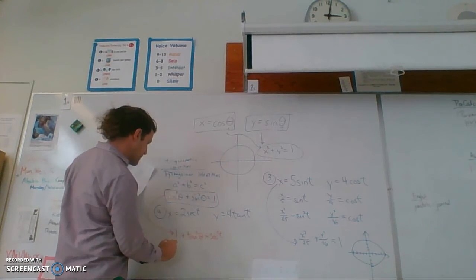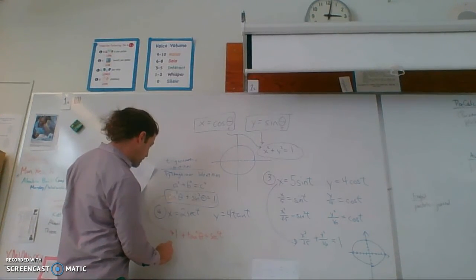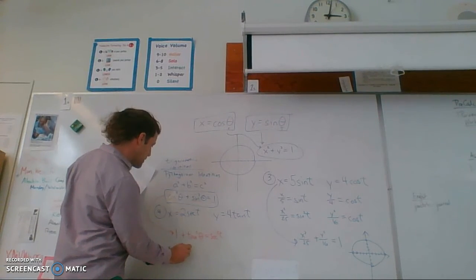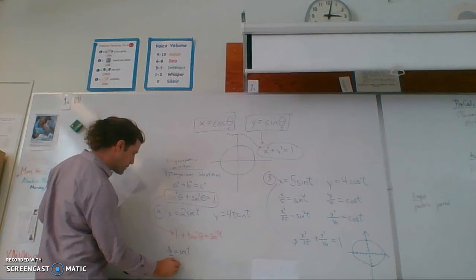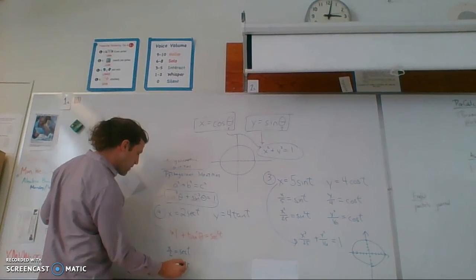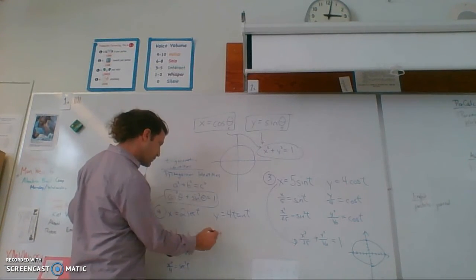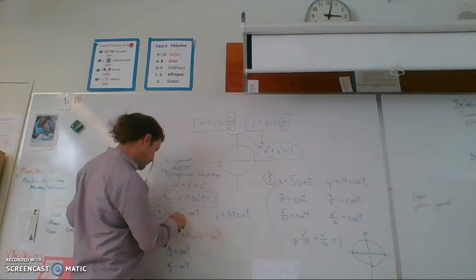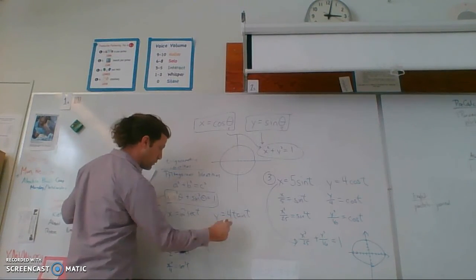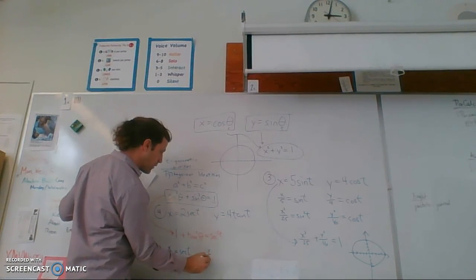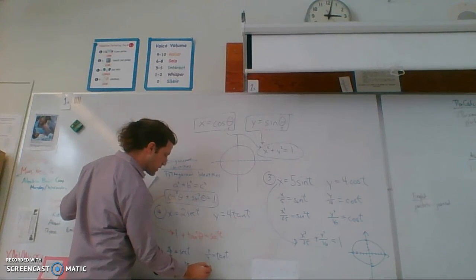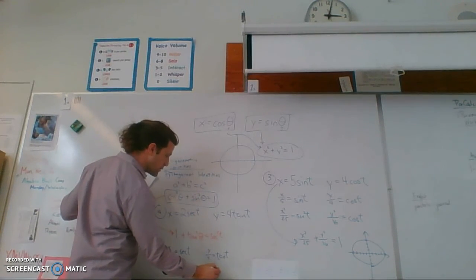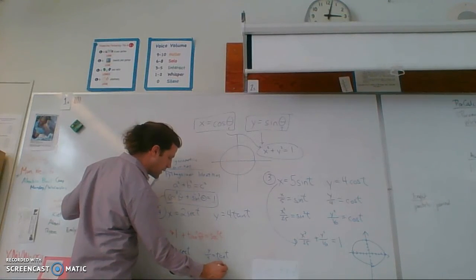So that's going to be the identity I'm going to use for this problem. Let's get secant by itself. We'll say x over 2 equals secant t, so x squared over 4 equals secant squared t. And from the other one, y over 4 equals tan t, so y squared over 16 equals tan squared t.